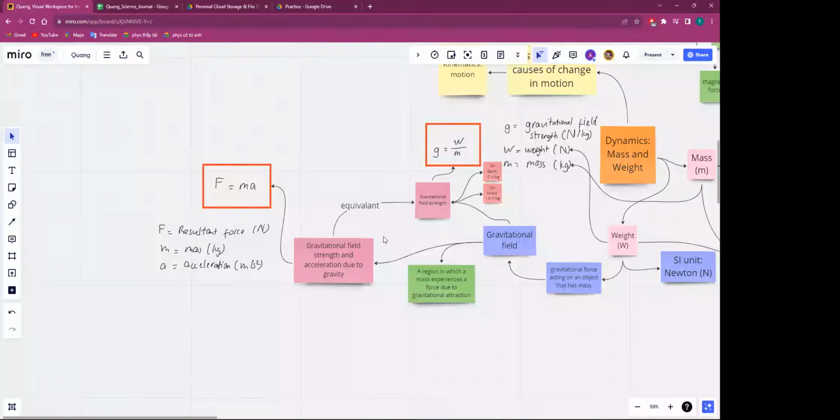So we have g equal to W over m. So W will be g times m. So what does it mean? It means that W will equal m times 10, because g is equal to 10 Newton per kilogram.